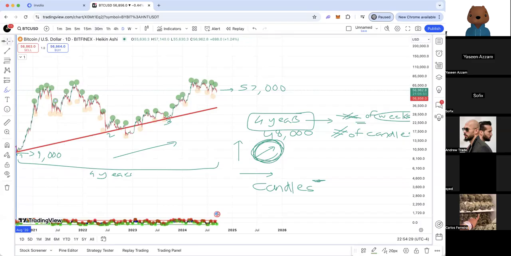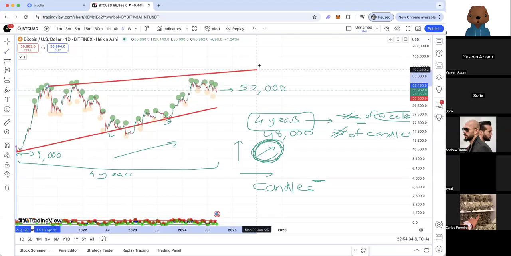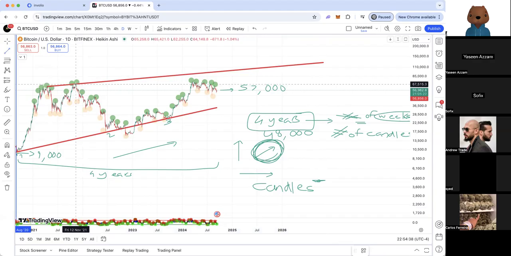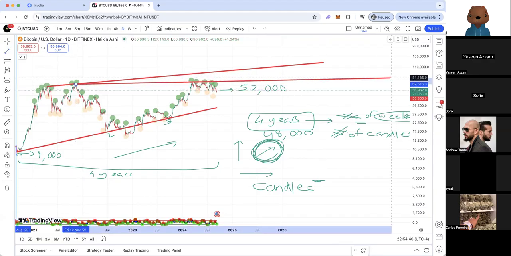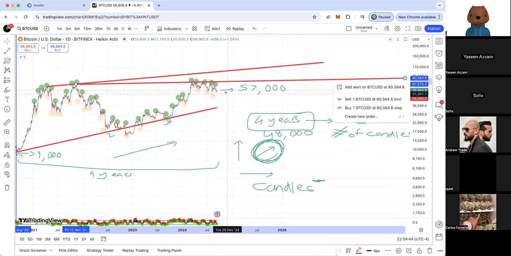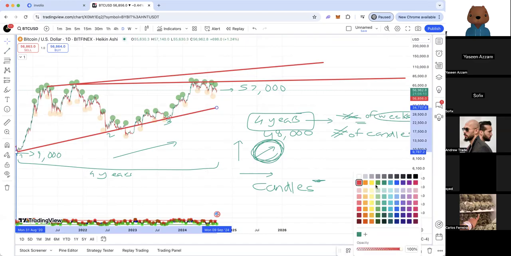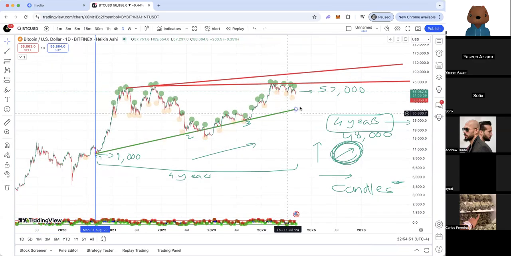So if we use this trend line right here, and this trend line right here, those are probably the two highest. So these are resistance. This is technically a green line because the price is above it, and these are the red lines.